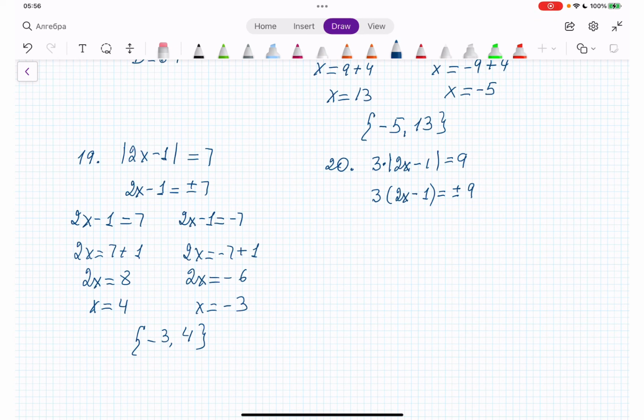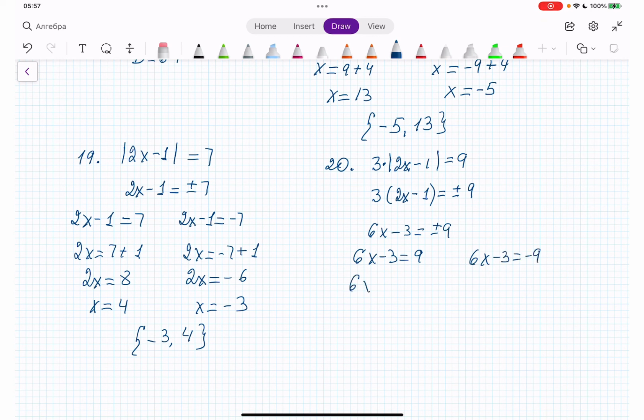Okay, let's solve this one also. First, we need to distribute this 3 by this parenthesis, which means 3 times 2x is going to be 6x. 3 times negative 1 is going to be negative 3, and it's equal to plus minus 9. Okay, let's separate now because we have two equations here. 6x minus 3 is equal to positive 9. 6x minus 3 is equal to negative 9.